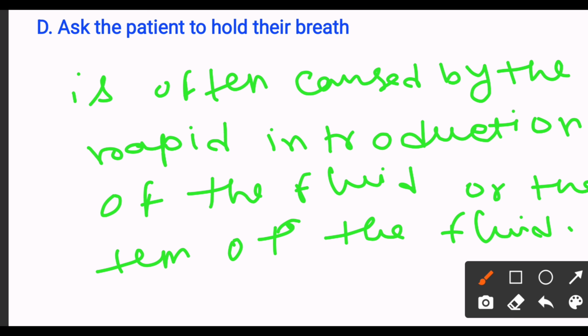By slowing the flow, the nurse allows the intestinal muscle to relax without stopping the procedure. So the answer will be option B.